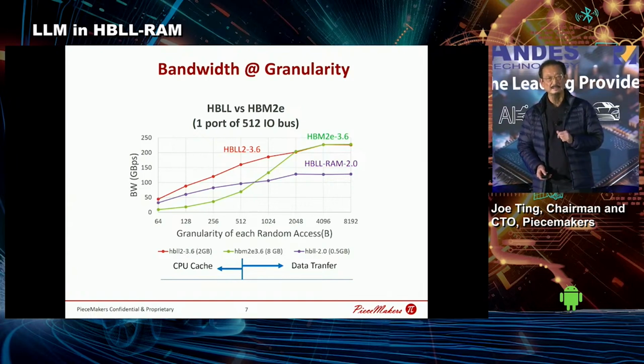The left-hand side is more random access. For HBM, sequential bandwidth is very good, but the random access bandwidth is poor. So the HBLL RAM can do much better in random access, the red line compared to the green line.